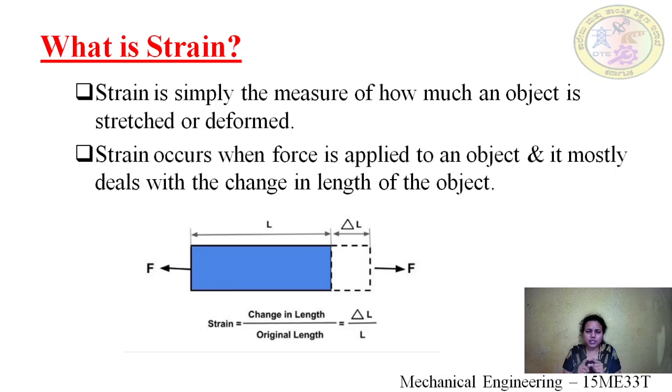If it is a compressive force, deformation will take place. Make sure everything happens within the elastic limit. After that, there is going to be a change in the length. Either the length is decreasing or the length is increasing. This is about strain. I hope you all understood what strain is. Let's go further.